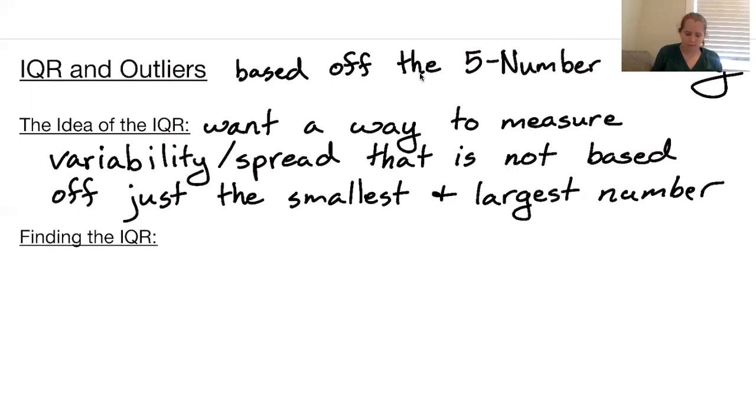So finding the IQR, the IQR is what is called the interquartile range.